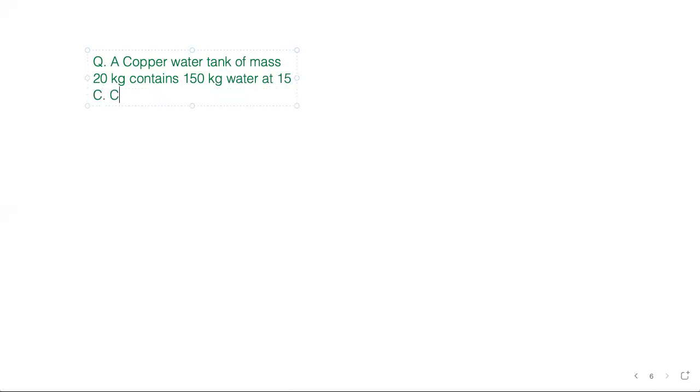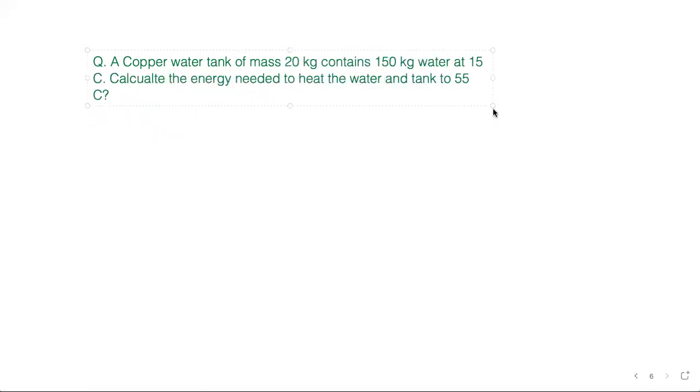Now calculate the energy needed to heat the water and tank to 55 degrees centigrade. So this is the same question, isn't it? Can you find the answer? What would you do? I'm sure this time you know how to do that, isn't it?